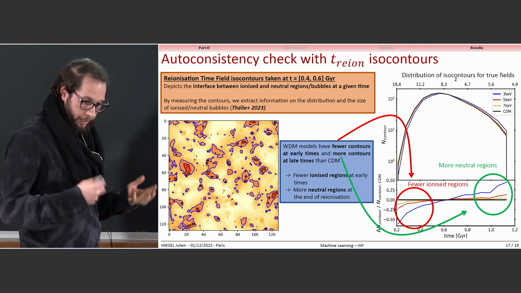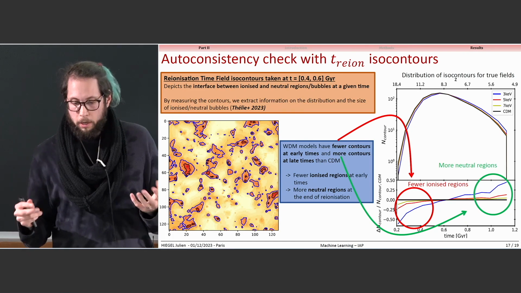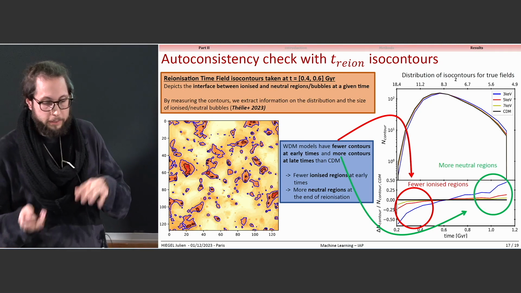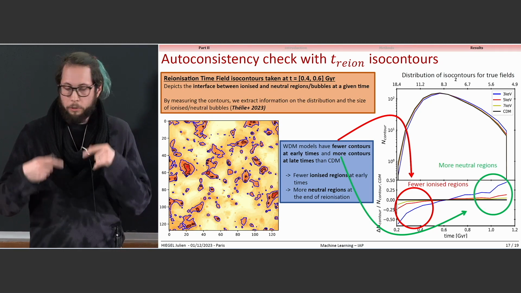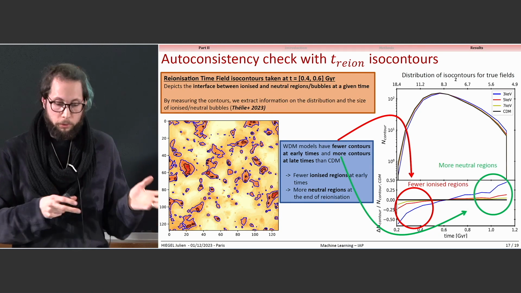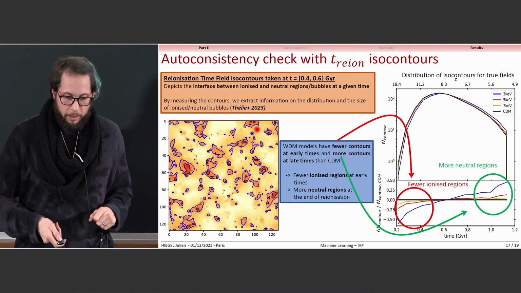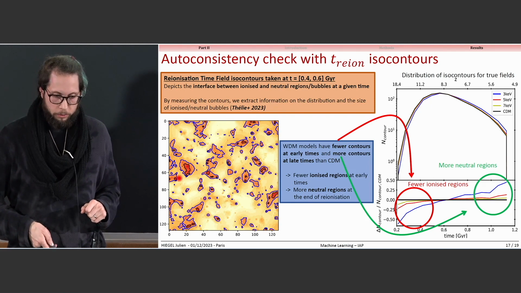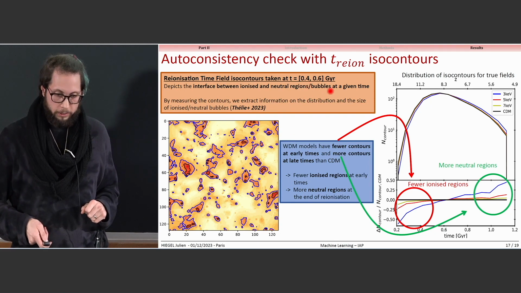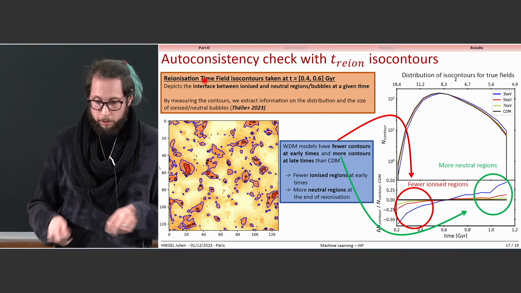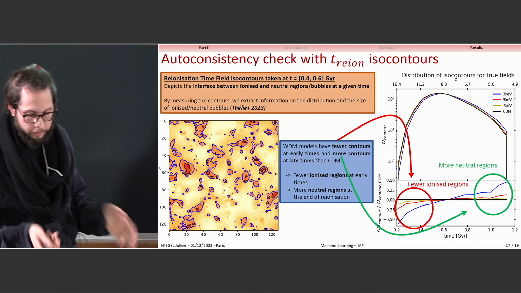So now I want to check this auto-consistency using the isocontours. And in this context, an isocontour depicts the interface between the neutral and the ionized regions, so the neutral and ionized bubbles at a given time. So here, on the map, you have an example of isocontours for 0.4 and 0.6 gigayears. And on the right, you have a typical distribution of isocontours for the true field.